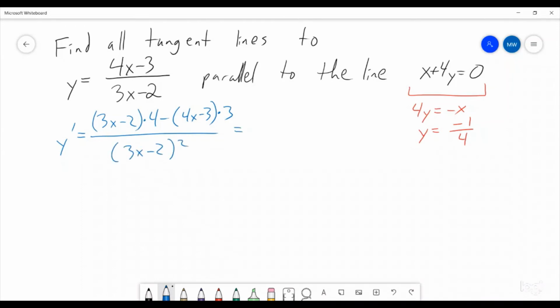That's equal to, let's see, 12x minus 8 minus 12x plus 9. That's a 1 over 3x minus 2 squared. And that's always positive, so where did I mess up? Oh, duh. Sorry, my mistake.